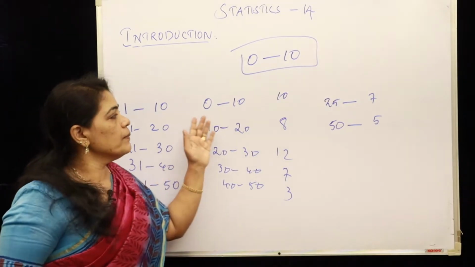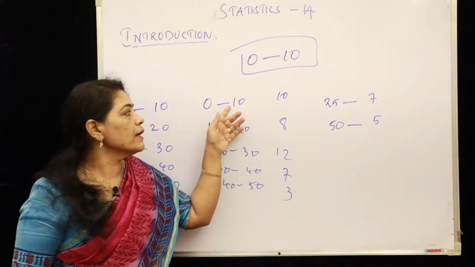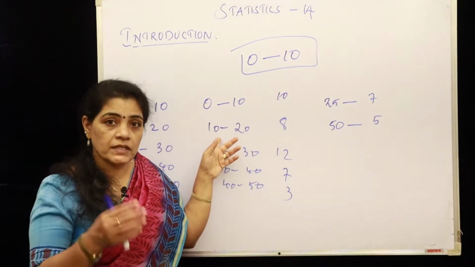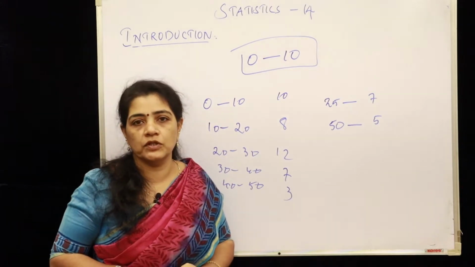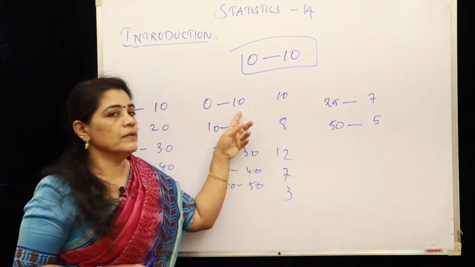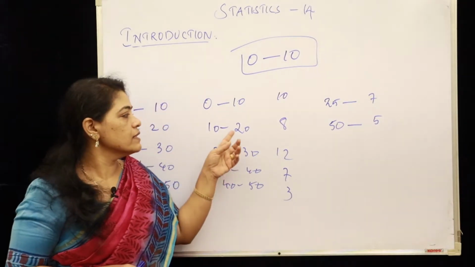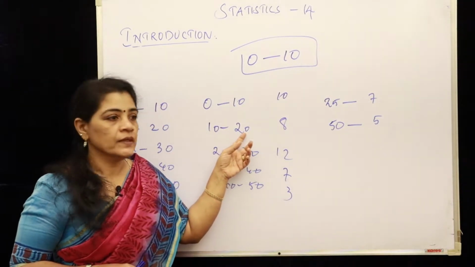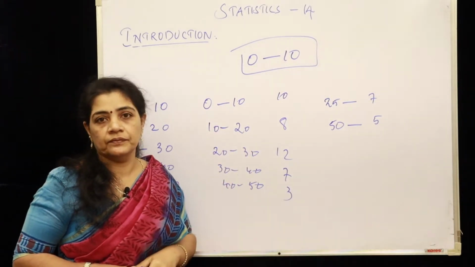But here, this mark 10 belongs to the second class, because the upper limit and the lower limit are the same. That means in a continuous frequency distribution, the upper limit belongs to the next class interval. Likewise, here 10 to 20, 20 to 30, so this 20 belongs to the third.